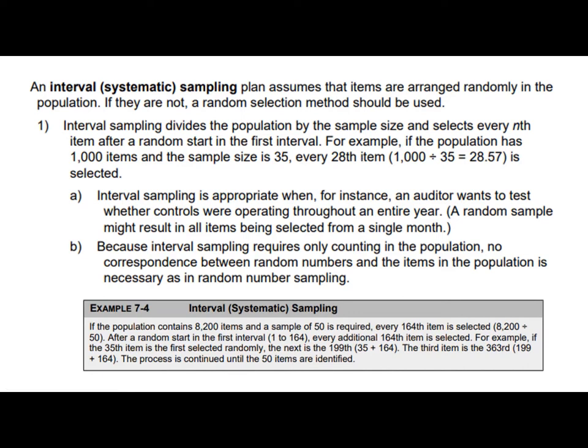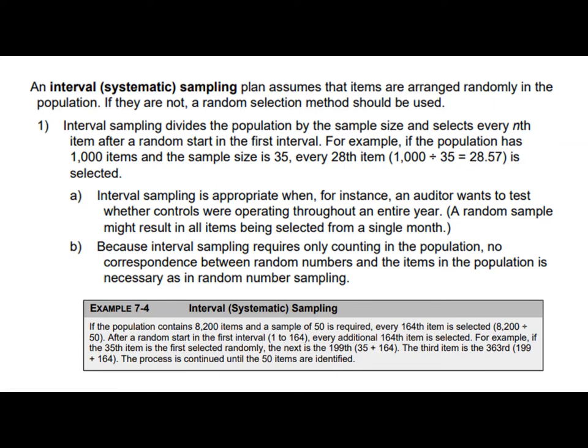Okay. So when you want to do that, we have all the items, and every 28th item we need to choose. The first item can be anything between the first and the 28th invoice.